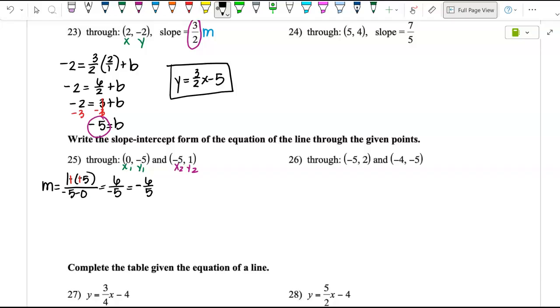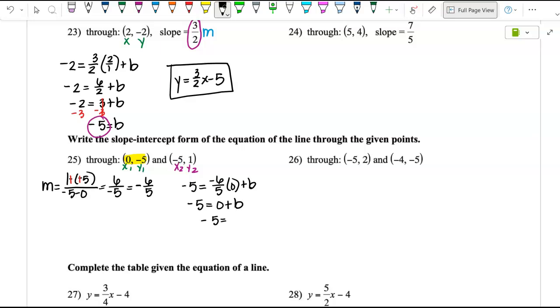But I still don't have my y-intercept. Now I have to go back and do what I just did in problem 23. And I'm going to use the ordered pair (0, negative 5) as my x and my y. So negative 5 equals negative 6 over 5 times 0 plus b. Negative 5 equals 0 plus b.